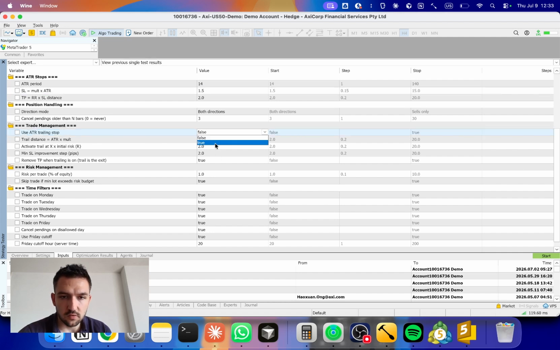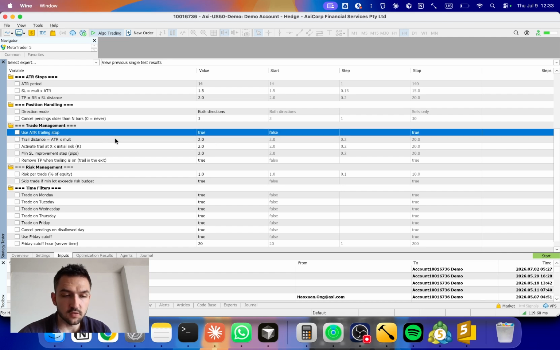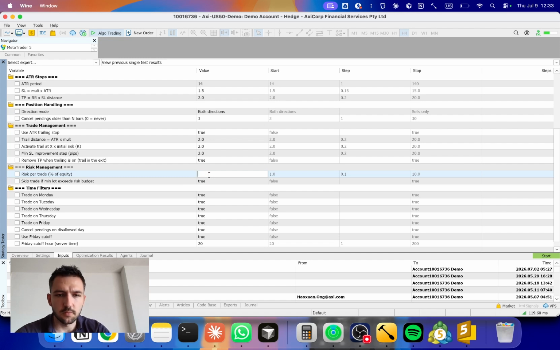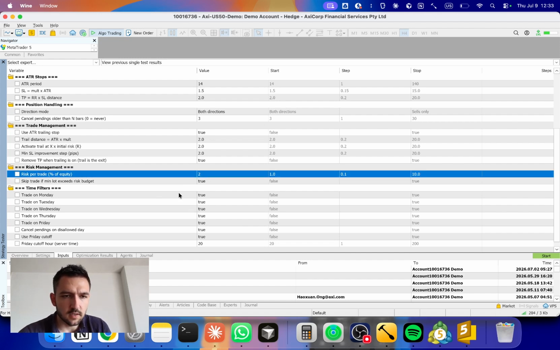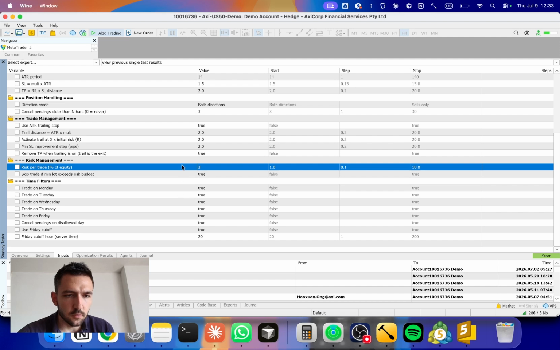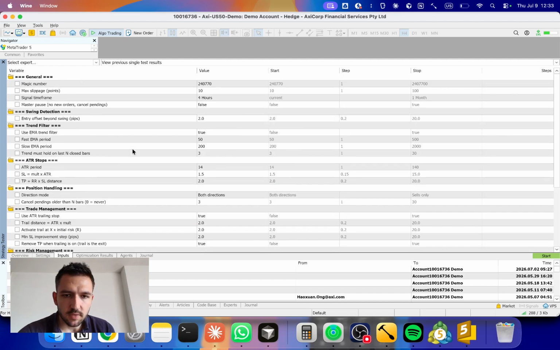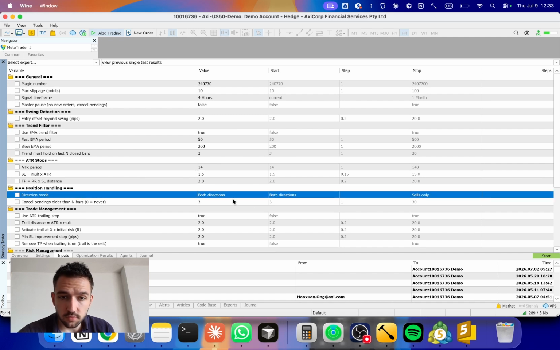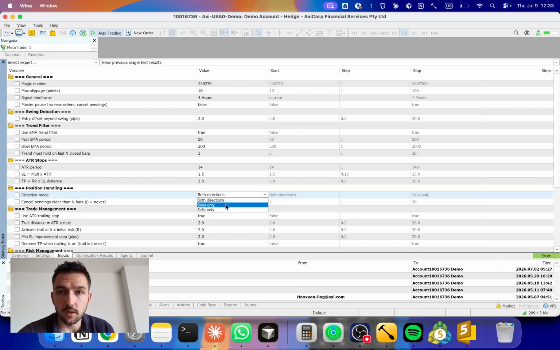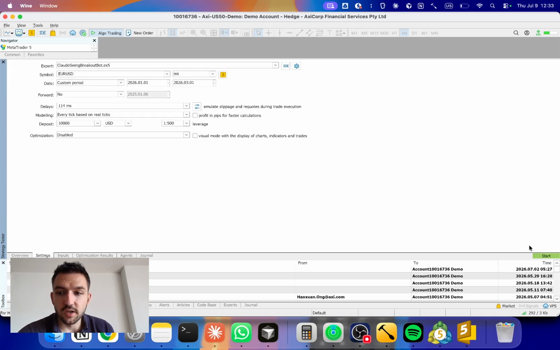I'm gonna set this to true because I want to have the trailing stop. Risk per trade, you can put 2%, for example. That's, I would say, more standard for people. And here direction mode, both directions, we are gonna pick one of these. So basically, we're ready to click start.